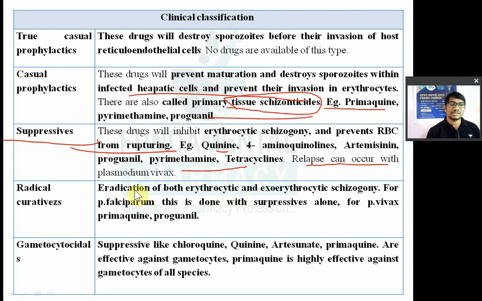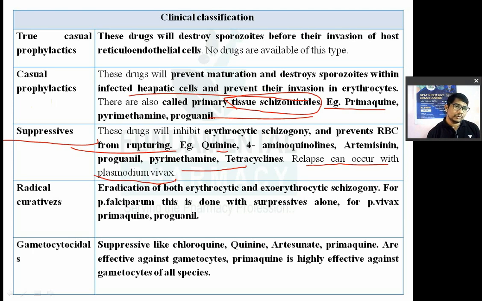The malarial parasite Plasmodium vivax can go into a dormant stage, and that's why it can have hypnozoites. When there is a favorable condition, it will grow again.